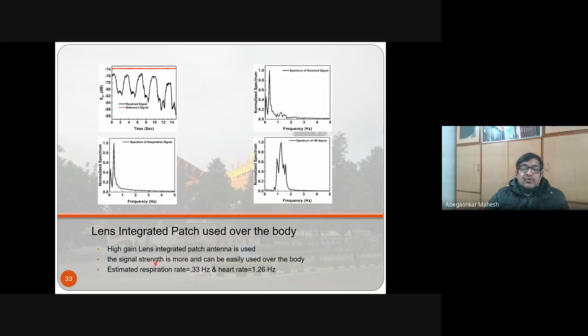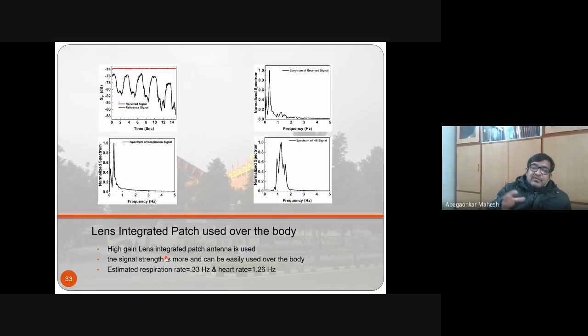The difference from the earlier case, the first presentation before lunch, was that there was no node on the body. The body was under the debris, and we were to detect if there is a heart signal. That we could do. Now in this case, this can be used for continuous monitoring. For example, if the body is not under debris, you just put the antenna there and there is an external node.